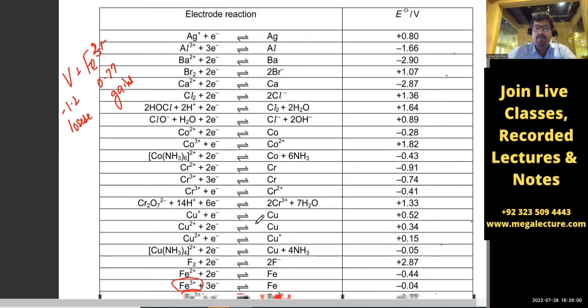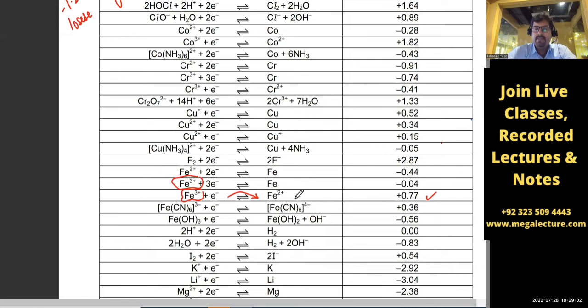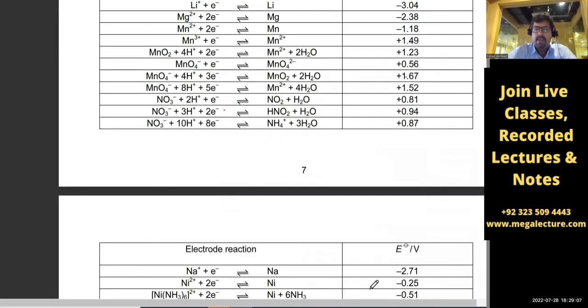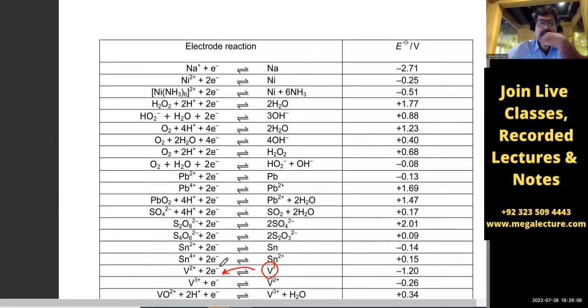I'm not going to write the equation right now. Fe3 plus gains electrons, 0.77. And vanadium, on the other hand, loses electrons. That's minus 1.2. Is that clear? Because this reaction is so lengthy, I don't actually want to write all the equations.